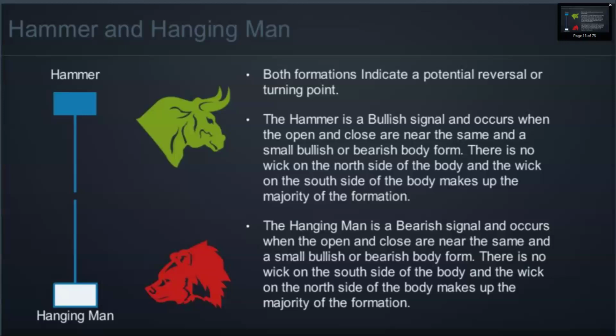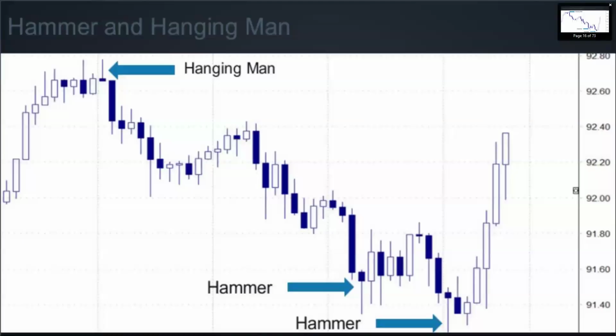Okay, is it making sense? Yes. So look at your chart. Hangman, hammer, hammer.